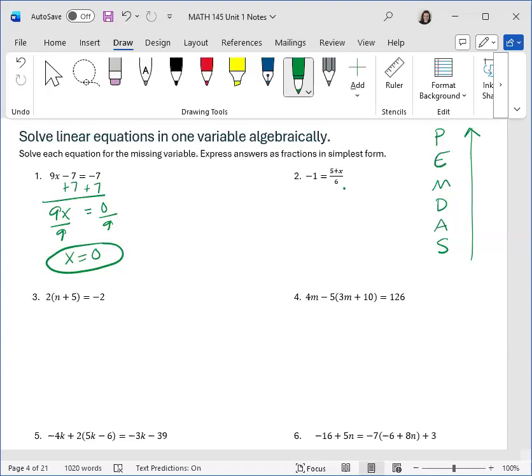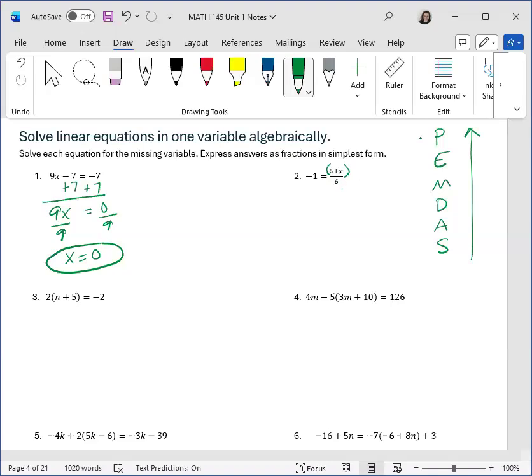Okay, looking at number 2. I know I had just mentioned that we work order of operations backwards. This one's a little tricky because there's an imaginary set of parentheses around that numerator because we're not just dividing the 5 by 6 or the x by 6, but we're dividing that whole entire expression, 5 plus x divided by 6.